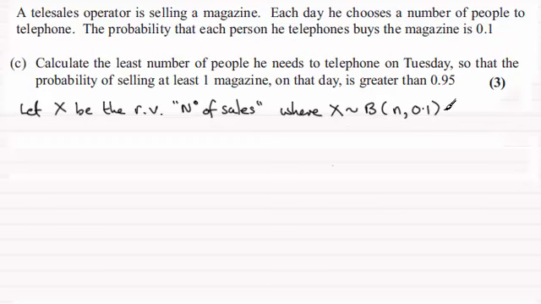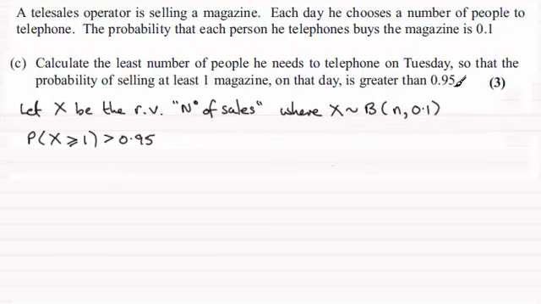Now we're told that the probability of selling at least one magazine on that day has to be greater than 0.95. So what we've got is that the probability of x, the number of sales, being greater than or equal to 1 has got to be greater than 0.95.